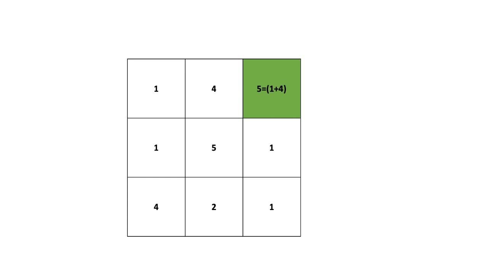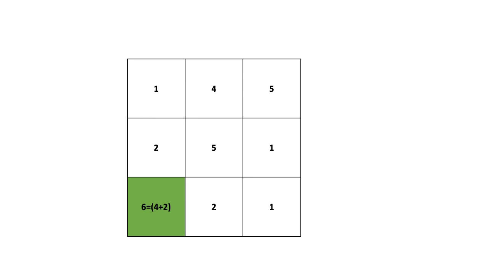For the first column, we will iterate from the second element. We will add the second column element with the previous number, which is 1 plus 1 makes 2. Similarly, for the next column element, we will add with the previous element, which is 4 plus 2 makes 6.